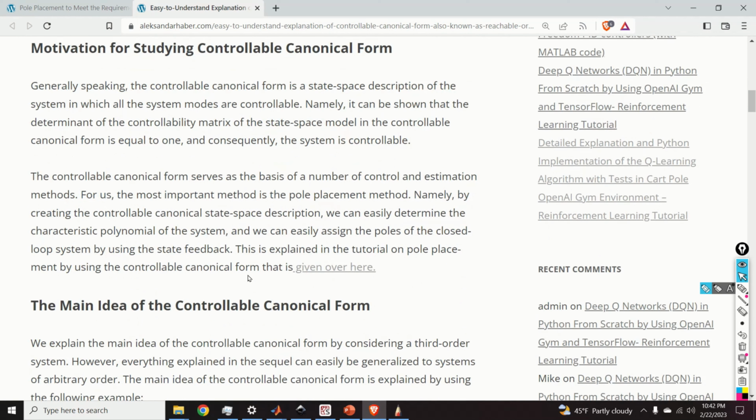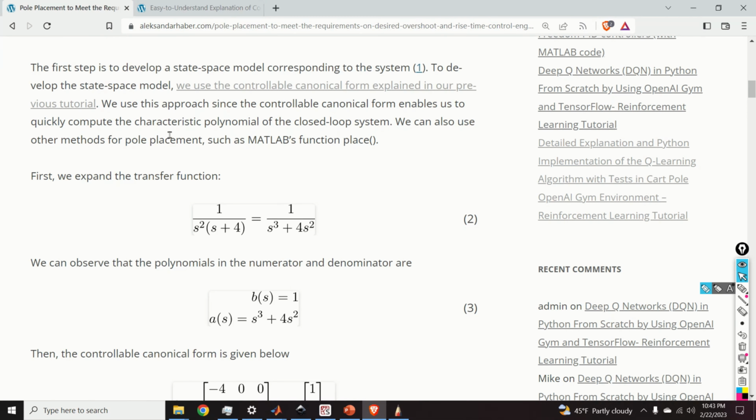I strongly suggest you to go over this tutorial in order to better understand the material presented in this video. We use this approach since the controllable canonical form enables us to quickly compute the characteristic polynomial of the closed-loop system. And of course, we can also use other methods for pole placement, such as MATLAB's function place or Ackermann's formula, for example.